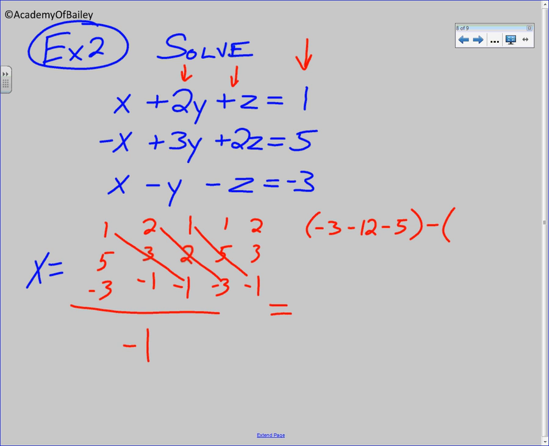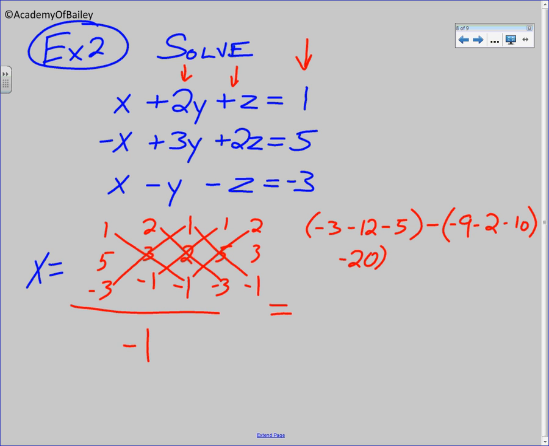Do the ups. Negative 9. The ups here gives us negative 2. And here gives 10, negative 10. Let's do negative 3 minus 12 minus 5. Negative 3 minus 12 is negative 15, minus 5 is negative 20.